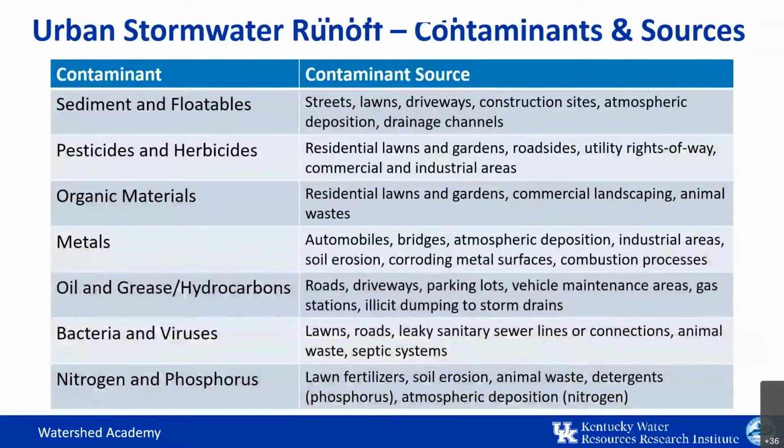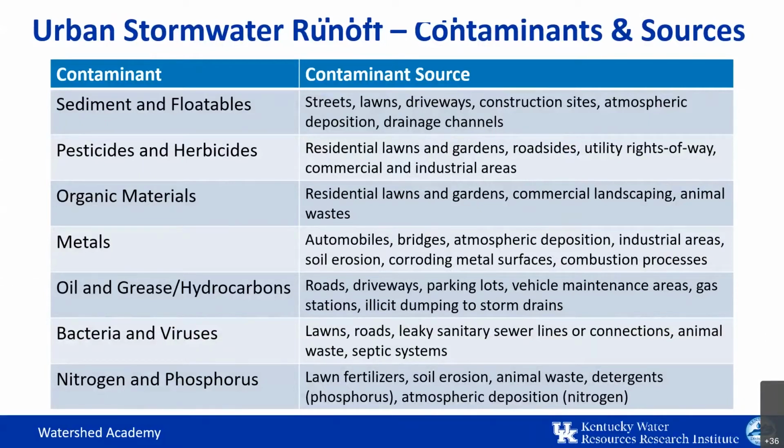As there are a myriad of land uses in an urban landscape, there are also a whole host of contaminants and sources, and I'm not going to go through each of these individually. You have it printed on the slides, hopefully, or you can refer back to it.